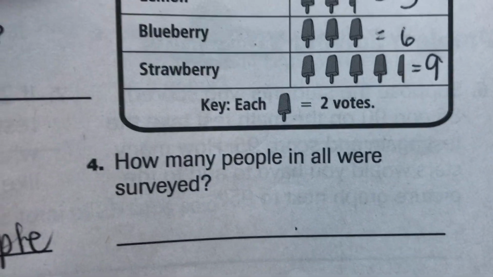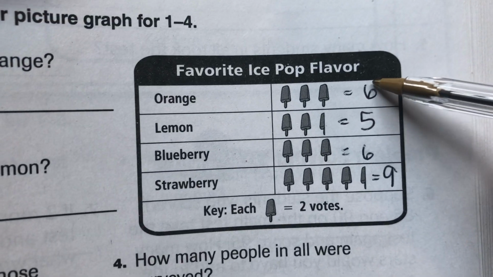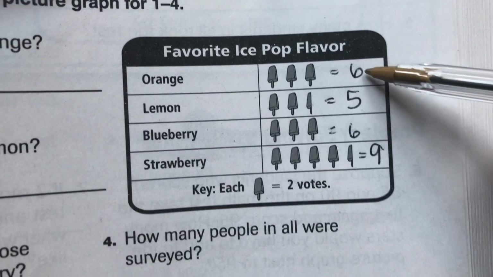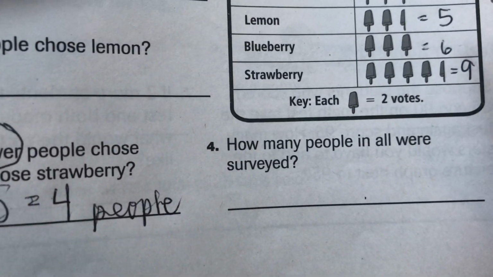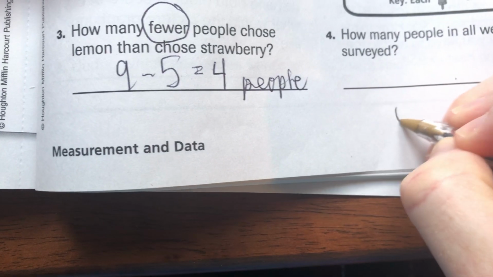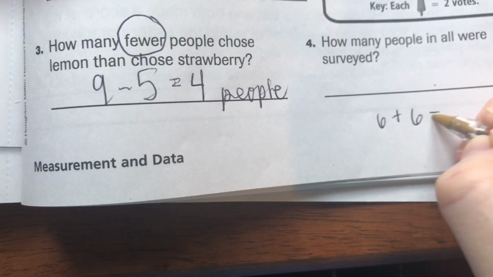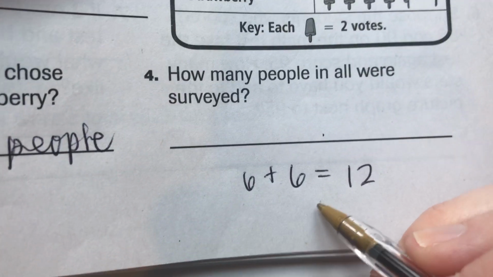How many people in all were surveyed? So they're talking about how many people answered these questions. So we need to find the total. What we're going to do here is add. I notice I have a double here, 6 plus 6. So I'm going to add the orange plus the blueberry to give me 12.